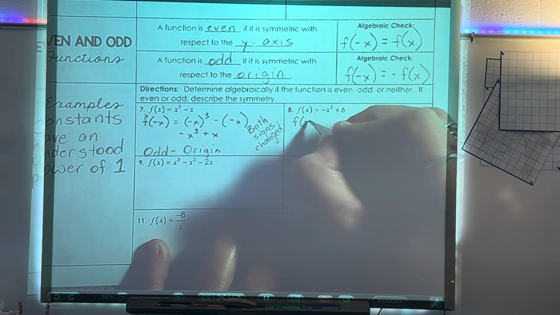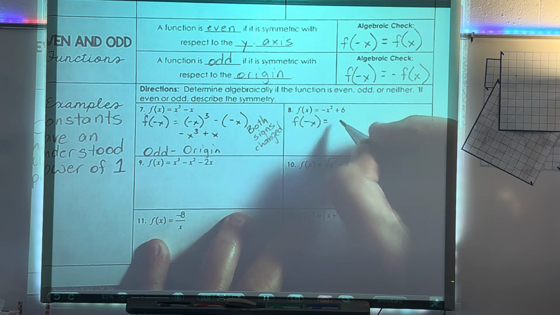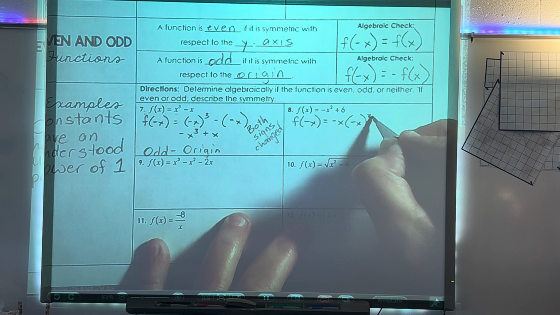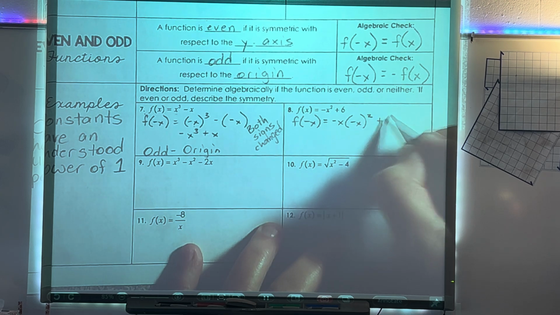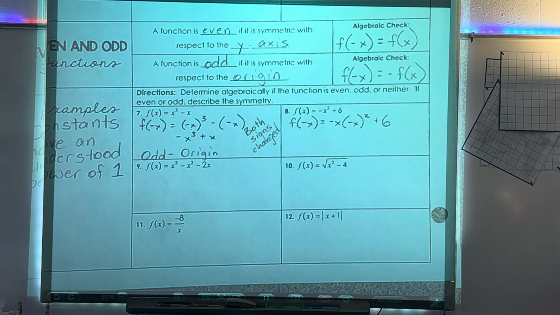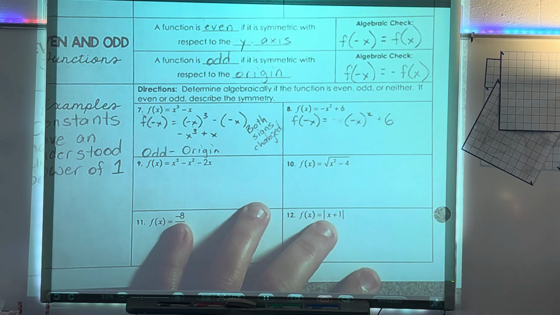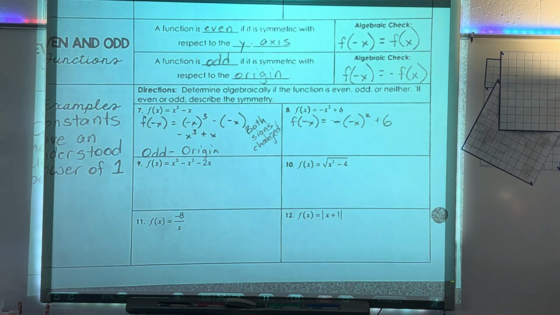So f of negative x is equal to negative x times negative x squared plus 6. There was no x to plug into there, so I don't have to worry about it. Oops, sorry, I put an extra x there. It was supposed to be a negative sign, just a negative out front, not negative x. Sorry, everyone.